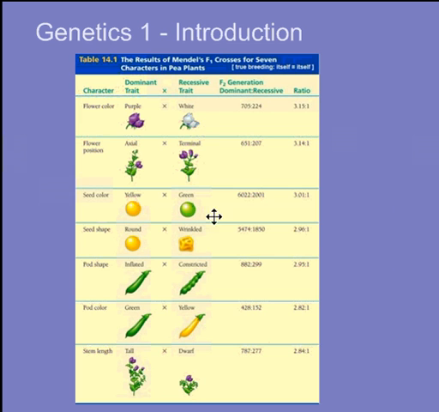In this chart, you can see that you get that same 3-to-1 ratio when you cross any of these purebred dominant with purebred recessives, and then you do it for 2 generations. So in the F2 generation, you get that 3-to-1 ratio again. 75% will have the dominant, and then the recessive trait shows up in 25%.